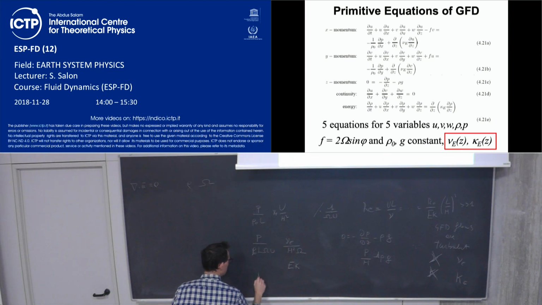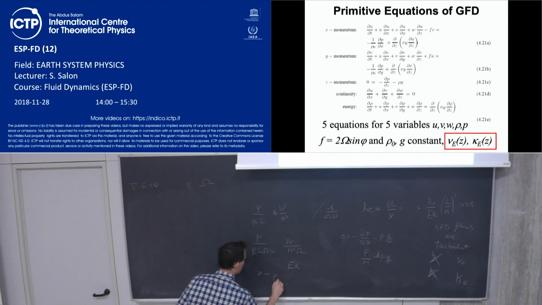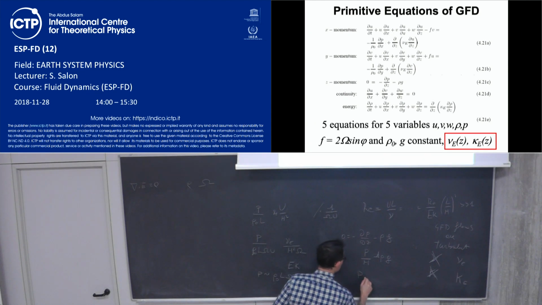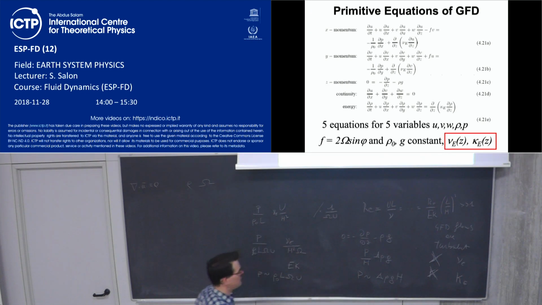So this means that P, if we neglect everything, will scale as rho 0 L omega U, and from the bottom, P will scale as delta rho g H.